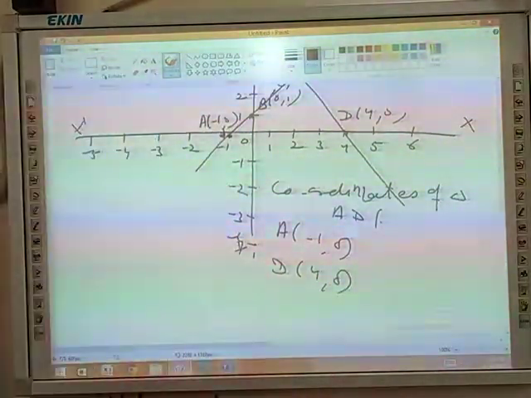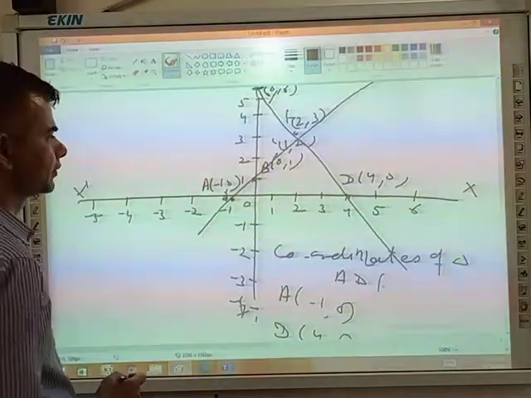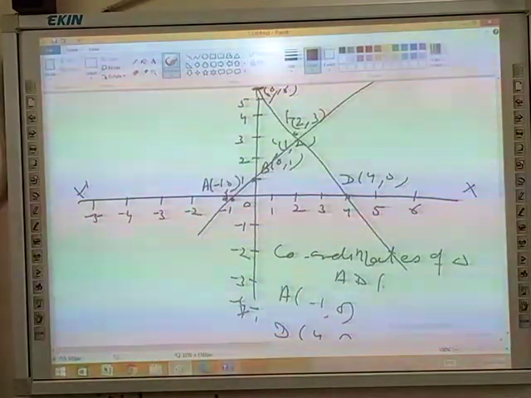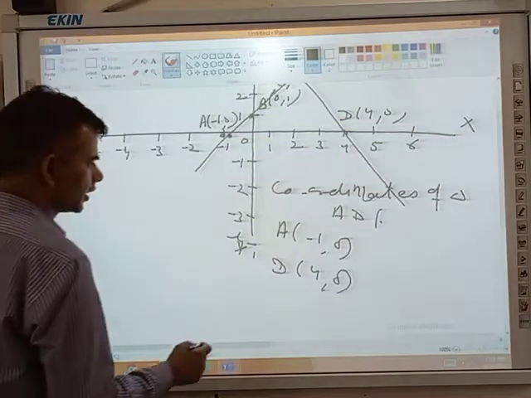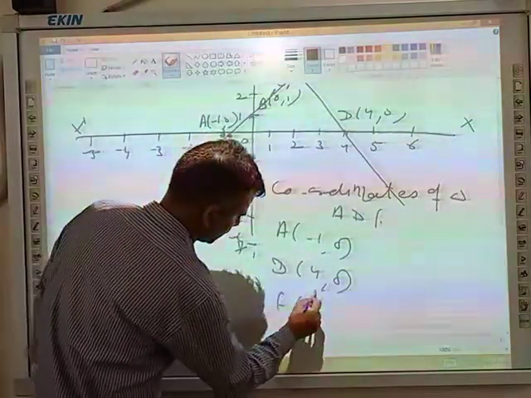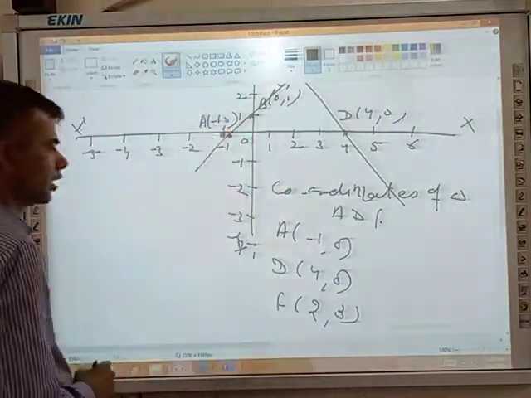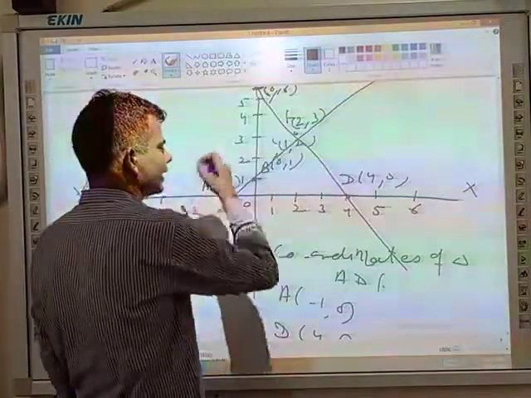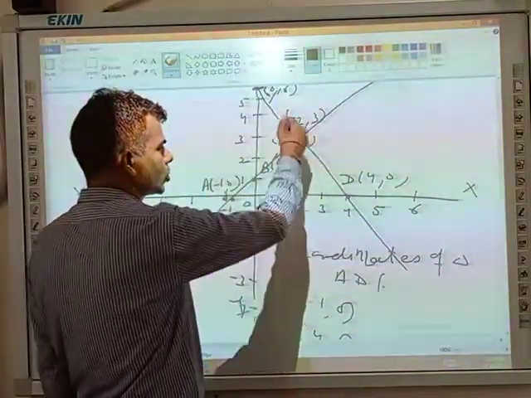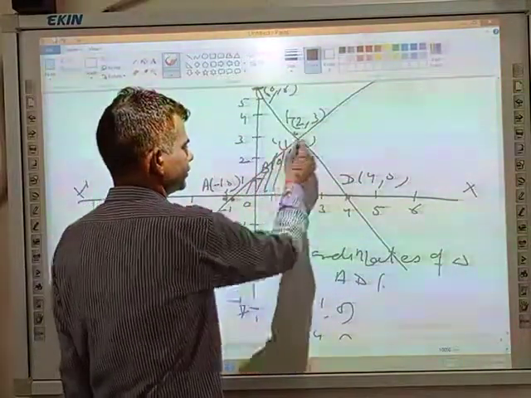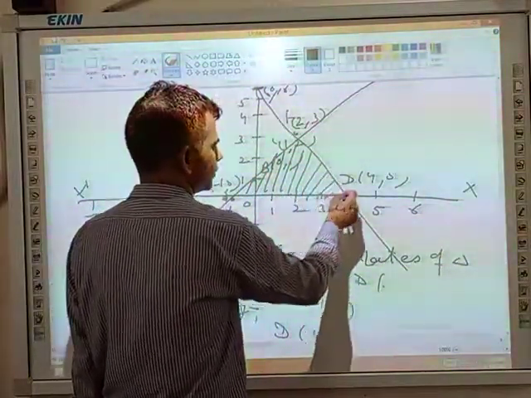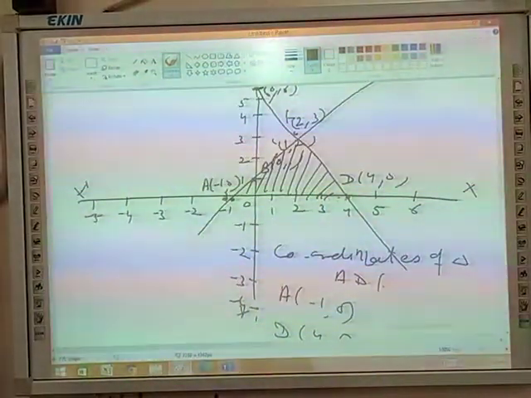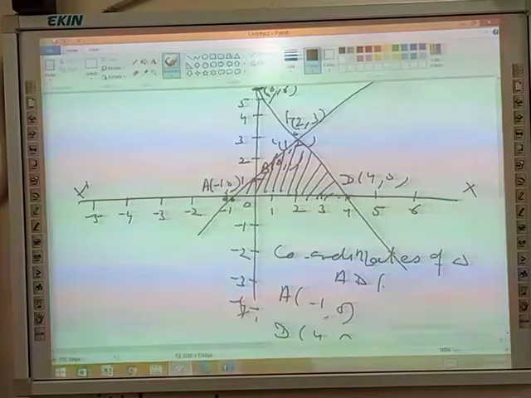Coordinate of F is 2 and 3. Now students, shade the triangular region. That is your first linear equation, and that is your second linear equation. Shade the triangular region. Students, any doubt, any problems? No, sir. Students, please complete exercise 3.2 in your fair notebook.